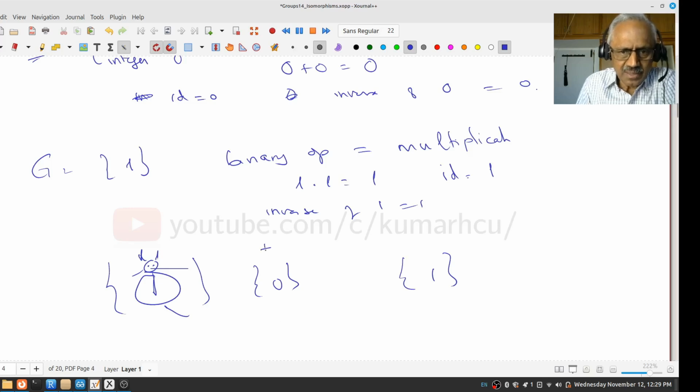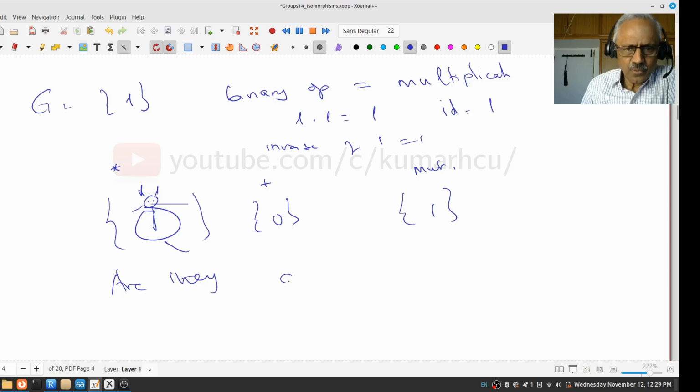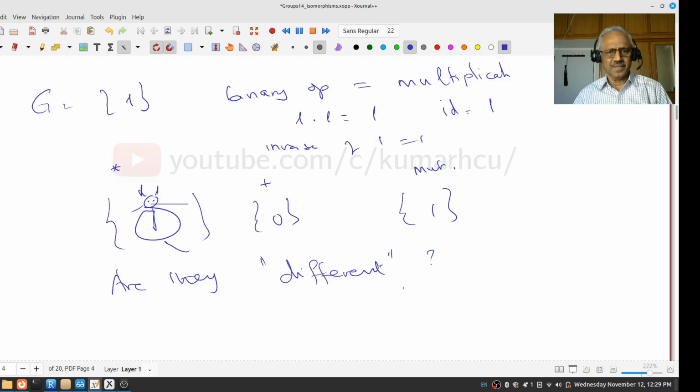Here this is the addition, this is the multiplication dot, and here it is the binary operation star. But are they distinct? Are they different in spirit? They are not. We can see all these three groups, even though the elements look different and the binary operations are different, are all the same.